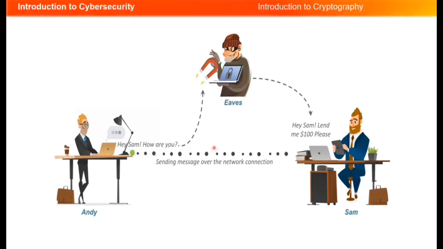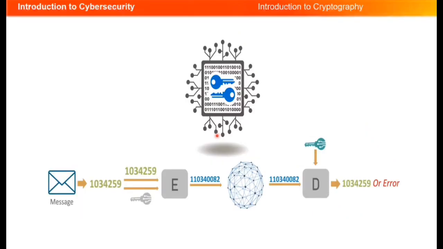So this is why it's important to make sure that only the intended party can read your messages or gets the messages, and that we encrypt and make it impossible for any malicious third parties to read our messages. We can see here a little bit about the introduction to cryptography.